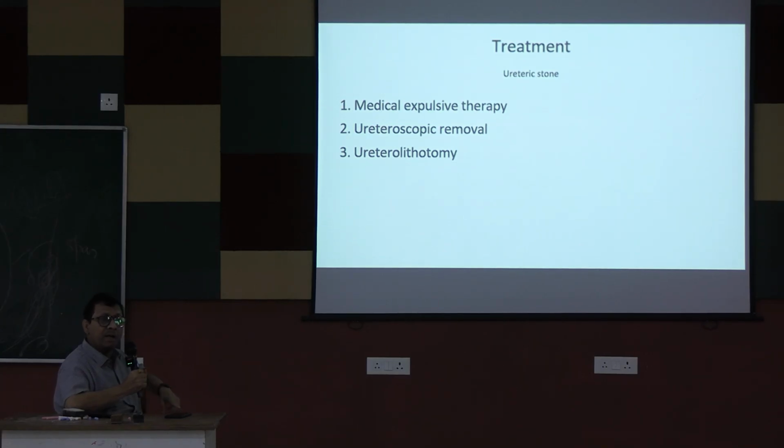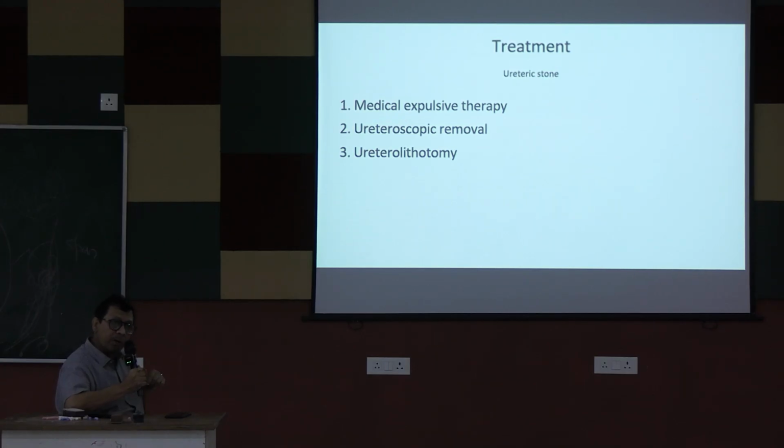But contraindications, I am telling you repeatedly: solitary kidney, patient with renal failure, and another group of patients which needs special attention, that is pregnancy. In pregnancy, you must be very careful how you treat it.